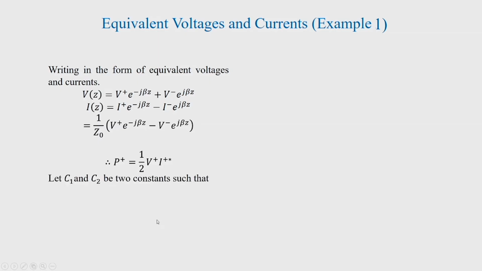Now, let us consider two constants C1 and C2, which relate V plus with A plus, and V minus with A minus, I plus with A plus and I minus with A minus. A plus and A minus, as we have seen, are the amplitudes of the transverse field components.